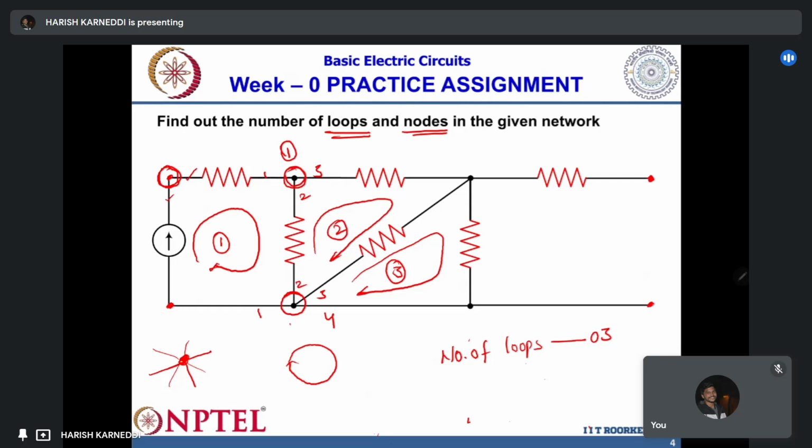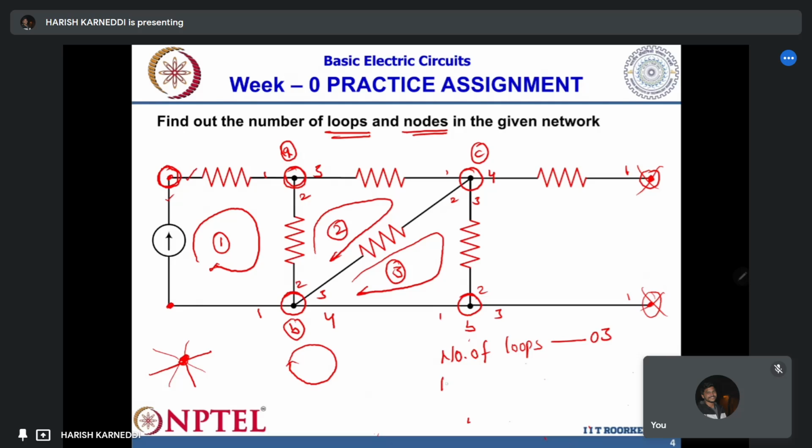It is also a node, which is B. At this point 1, 2, 3, 4. It is also a node, and at this point 1, 2, 3. This is also a node. And at this point there is only one, so it is not a node at all, and at this point this is also one, so it's not a node.